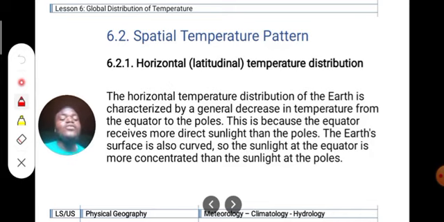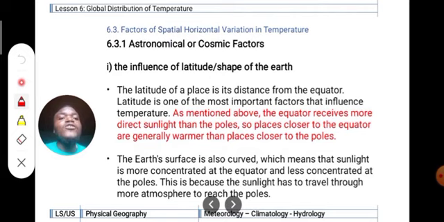Secondly, because of the bulge, the equator tends to have a shorter atmospheric distance that the sun rays have to travel through in order to reach the Earth's surface, while as far as the polar regions are concerned, there is a wider atmospheric distance that the sun rays have to travel through before reaching the Earth's surface.